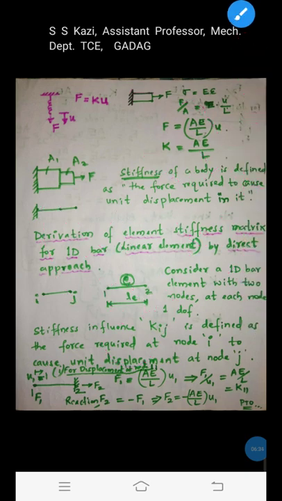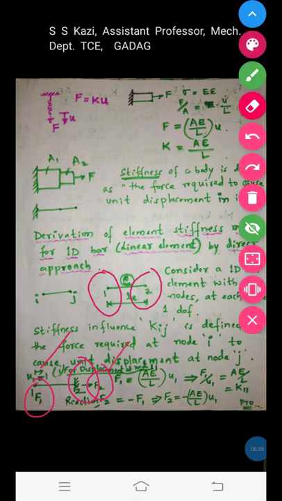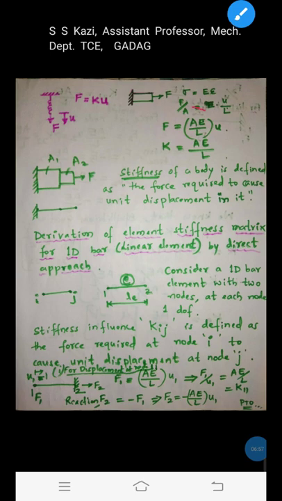Now I will consider the first case. Let us have unit displacement at node 1 due to the applied force F1, and node 2 is provided with a support, so that obviously node 2 will experience the reaction force F2. From the expression we deduced, F is equal to AE by L into U, we will apply it here.